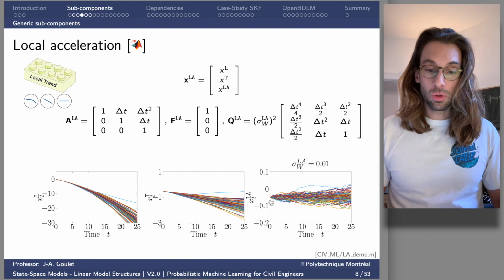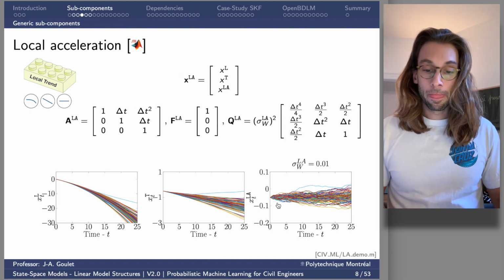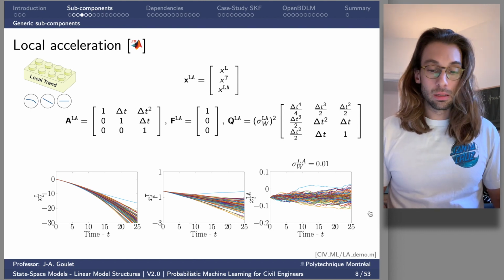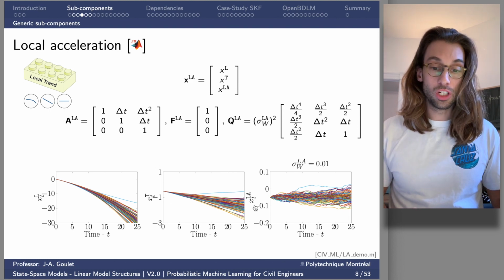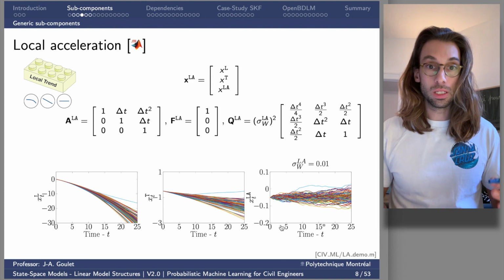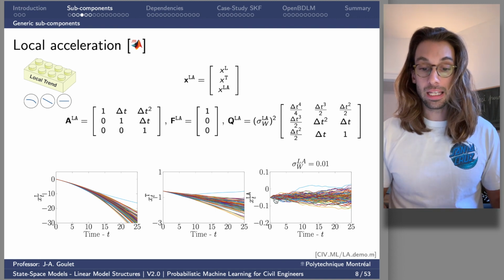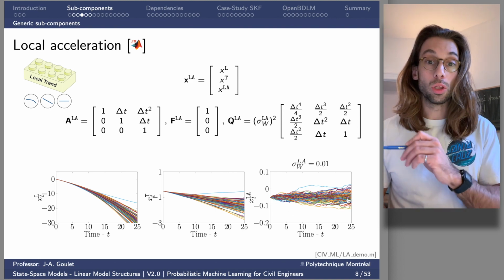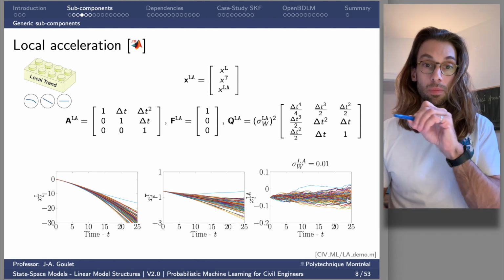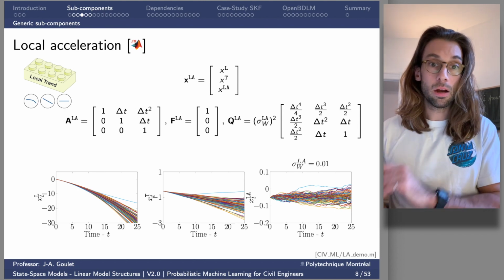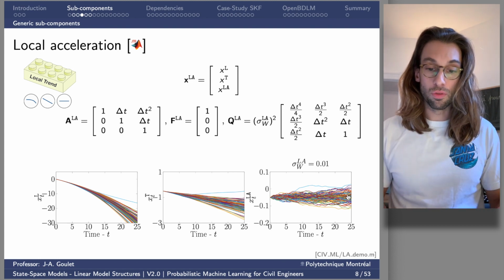So in that case, as we said before, here we have on the horizontal axis time, and on the vertical axis in this case the level, the trend, so the rate of change, and the local acceleration. So we see that in this case, it's the acceleration that is locally constant over time. Okay, so we assume it's constant up to some time-dependent error that might make it evolve over time like this.